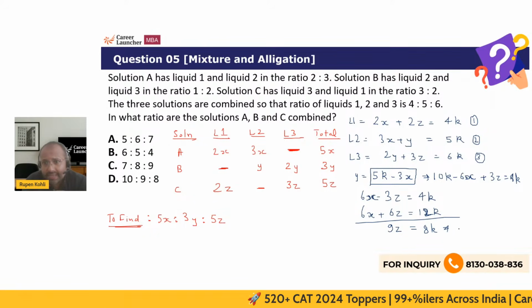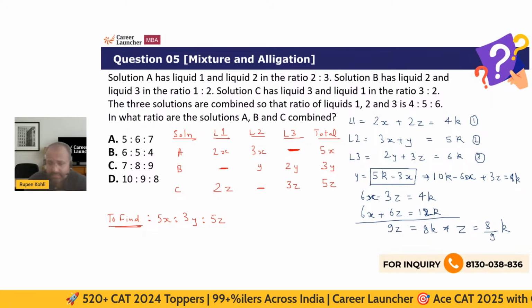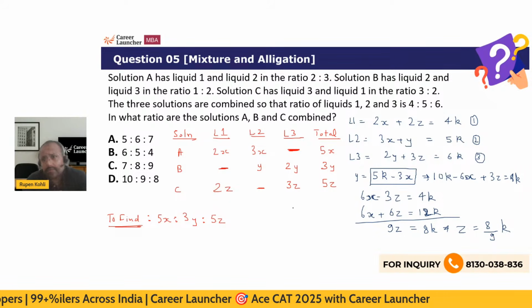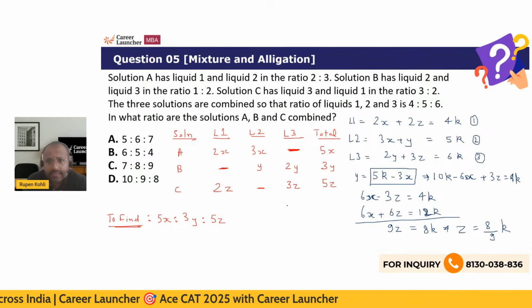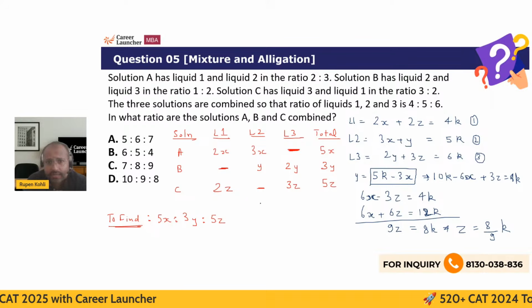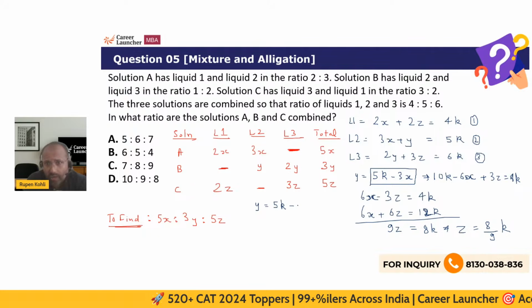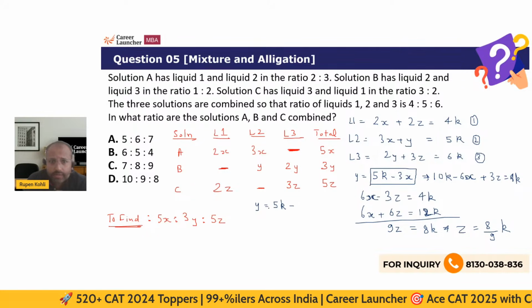I'm getting z as 8 by 9 k. Okay, finally, from here I think we can start to get things. Put this back in the second equation where we said that y is 5k minus 3x. Okay, I think we have to first find x because now I don't know x.